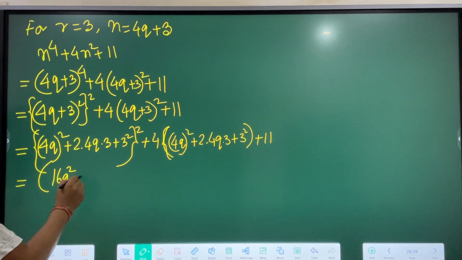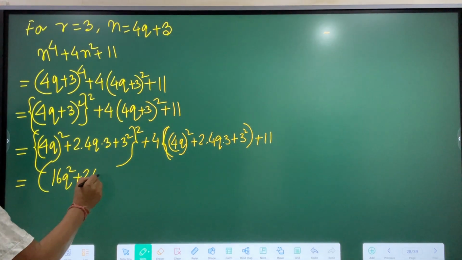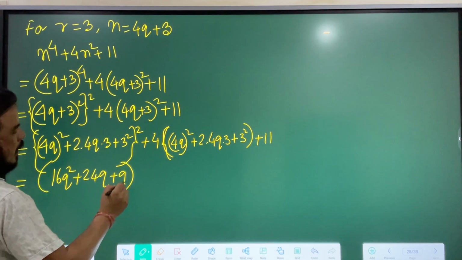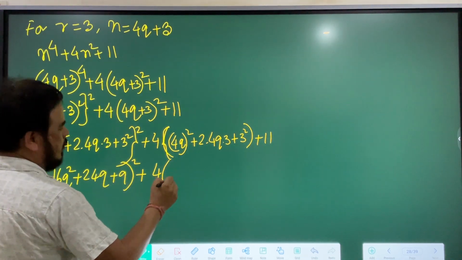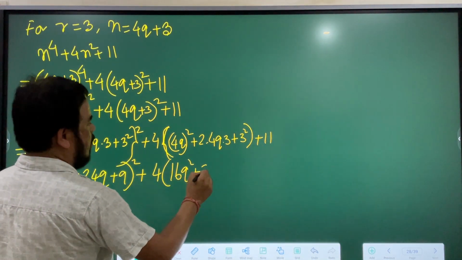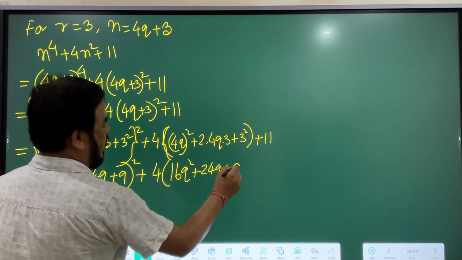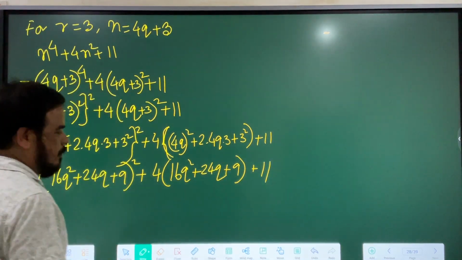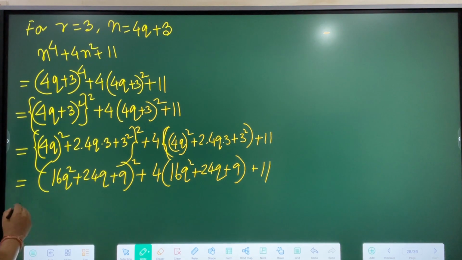That is 16q square, 2 fours are 8, 8 threes are 24q, plus 9. Whole square, 4, same thing: 16q square plus 24q plus 9 plus 11. Now what will we have to do?